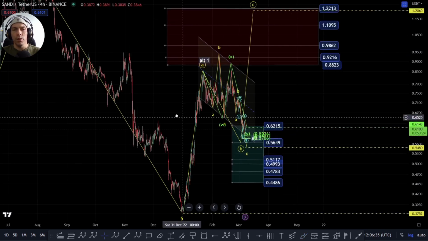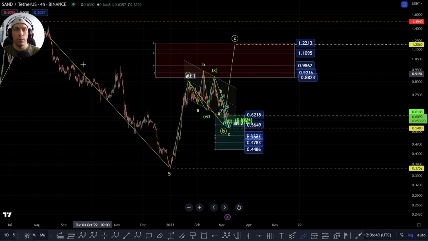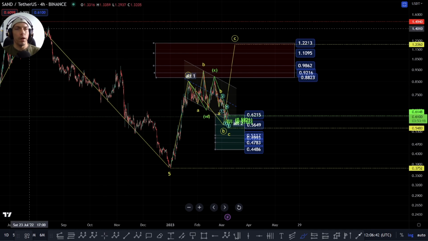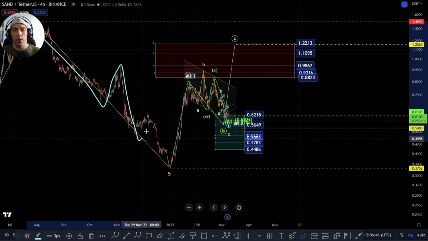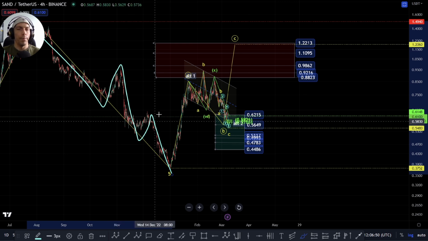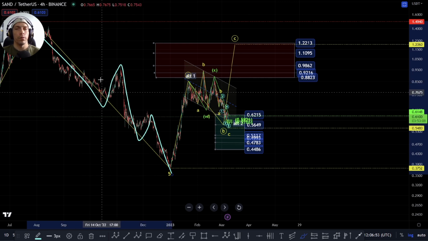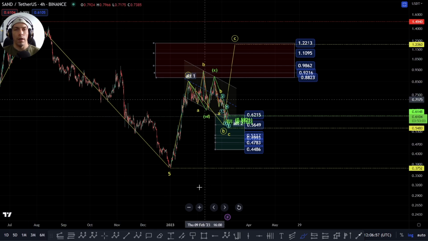The reason why we're saying that is we can potentially count a completed move here. We'd have to look at this as a diagonal though, where this becomes a 1, 2, 3, 4, and then 5 to the downside effectively. It's not the neatest of counts. So what I'm also looking out for is that we could look at this as an ABC pattern.